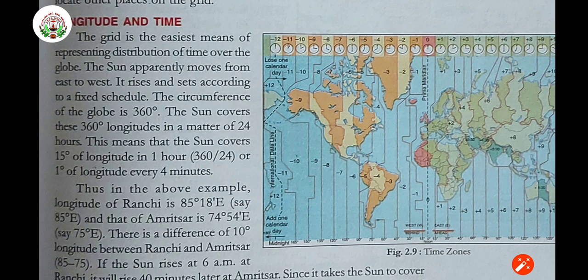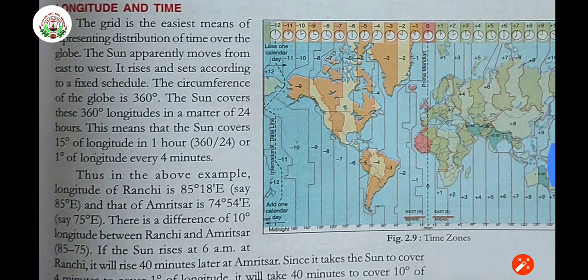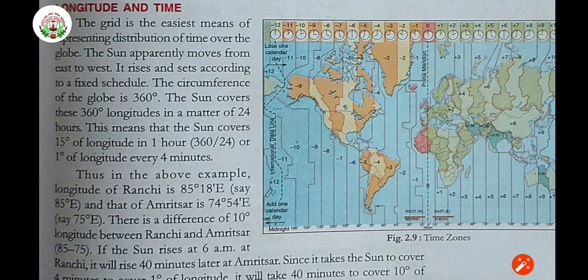The circumference of the globe is 360 degree. So the sun is going to cover the whole 360 degree of longitude in a matter of 24 hours, one day to cover the earth. This means that the sun covers 15 degree of longitude in 1 hour.